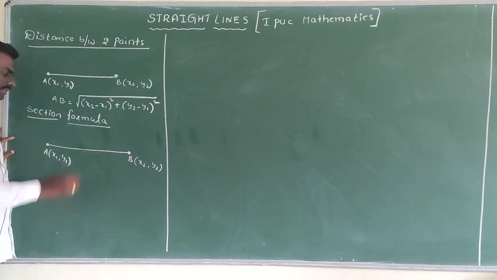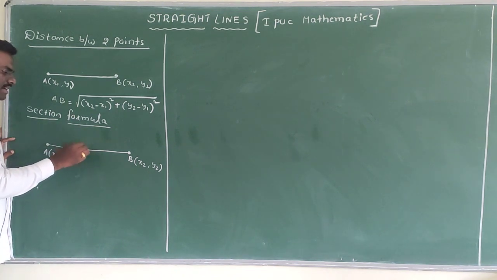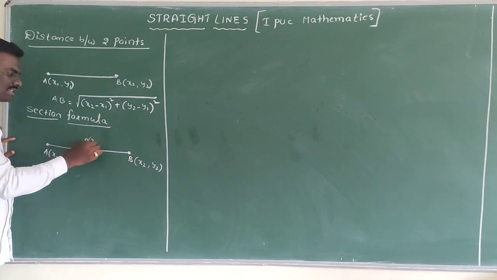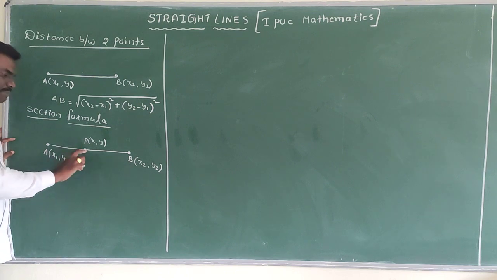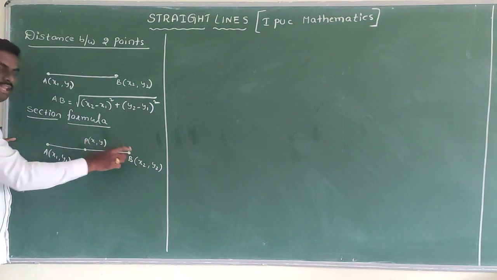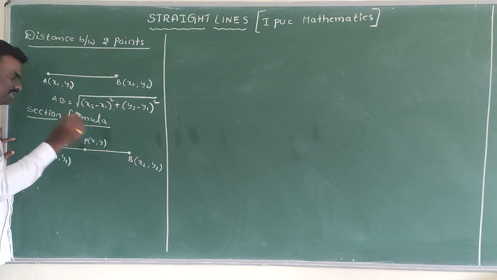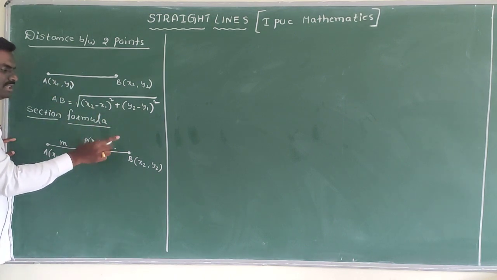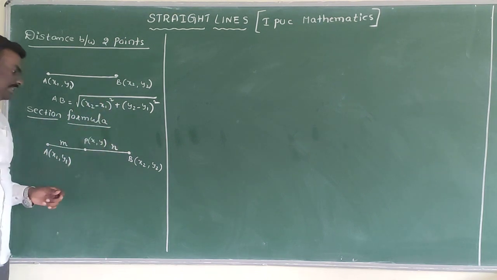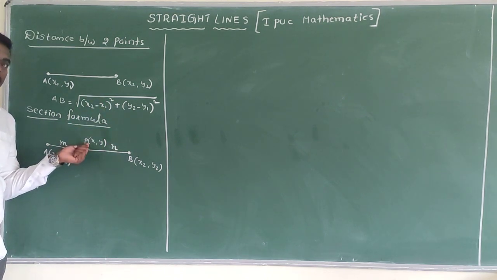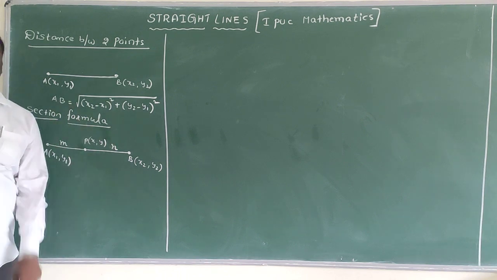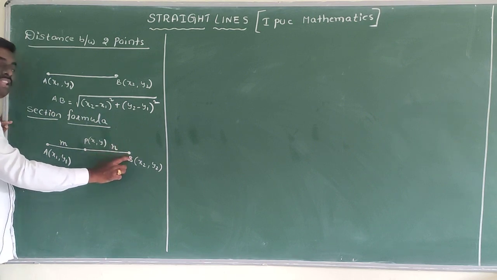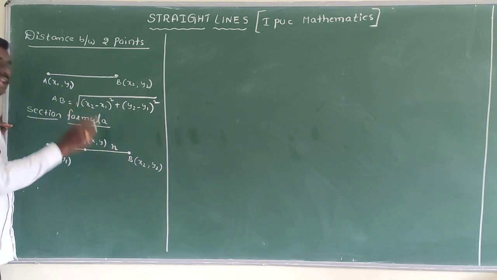On the same line there is one more point, that is P, x comma y. This P divides AB in the ratio m is to n internally. Why am I using the word internally? Because the point P lies between A and B. So here P divides AB in the ratio m is to n.